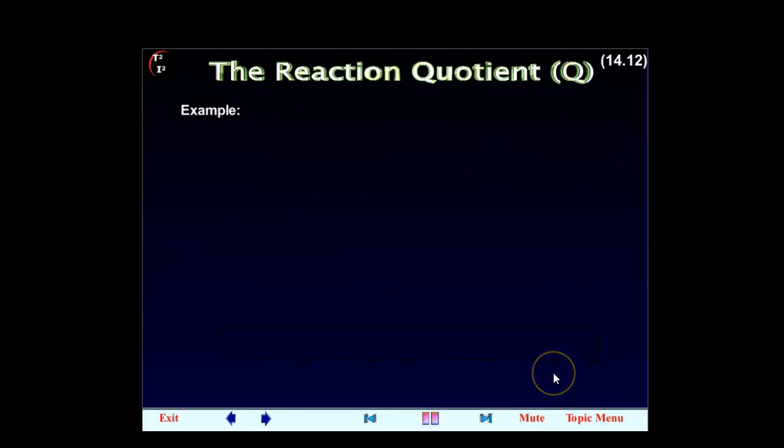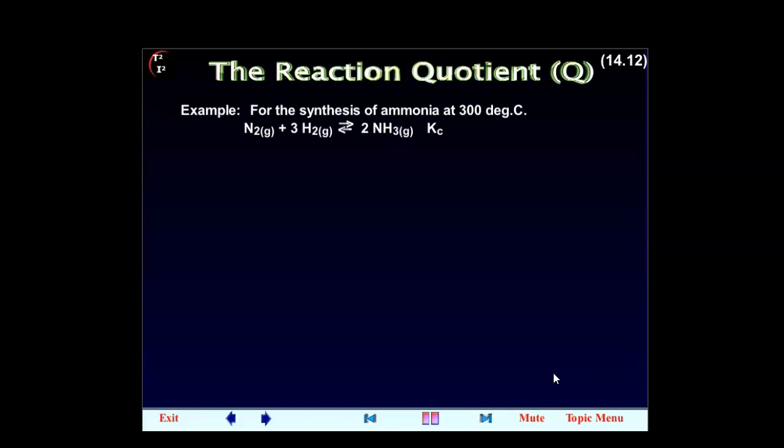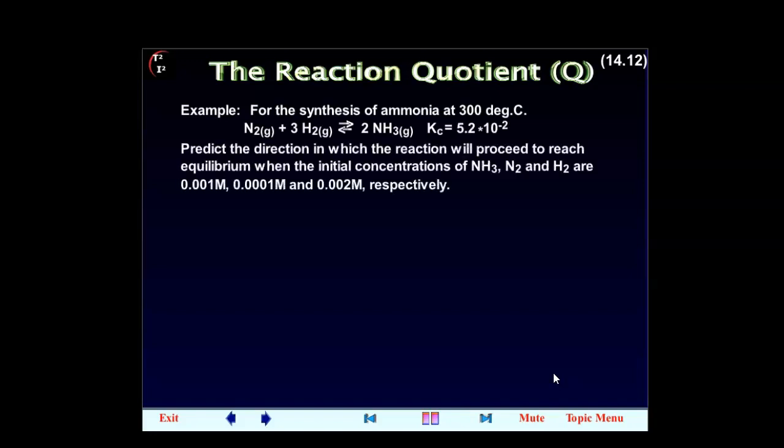All right? Example, for the synthesis of ammonia at 300 degrees Celsius, predict the direction in which the reaction will proceed to reach equilibrium when the initial concentrations of NH3 and N2 and H2 are 0.001 molar, 0.0001 molar, and 0.002 molar, respectively.